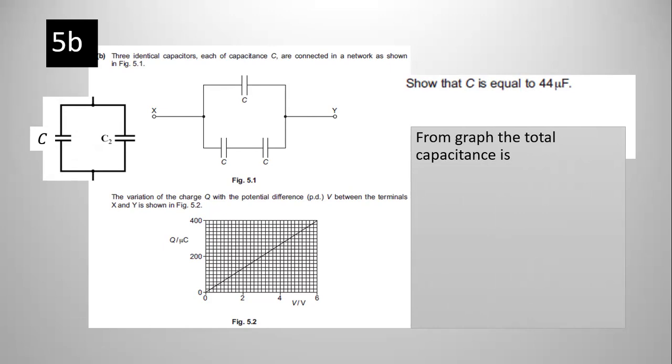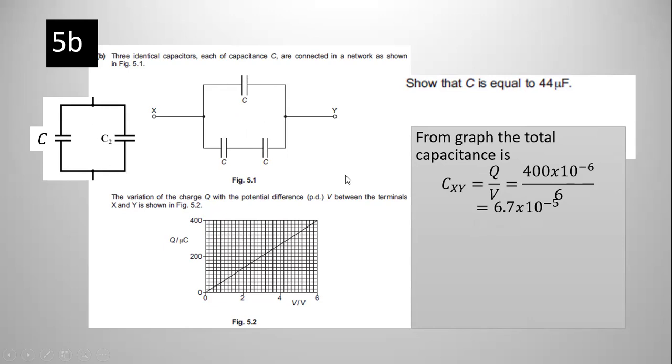Right? From the graph, the total capacitance is just defined as Q divided by V. So take any point. Easier is you take this point, easier to read. Total capacitance, then refer to the diagram there. Each of them is C. So this is half C, and this is in parallel.